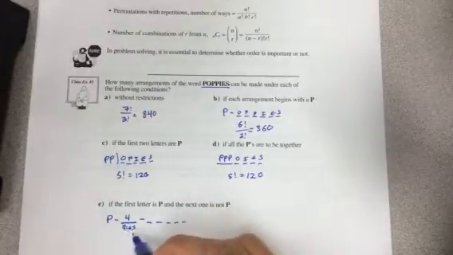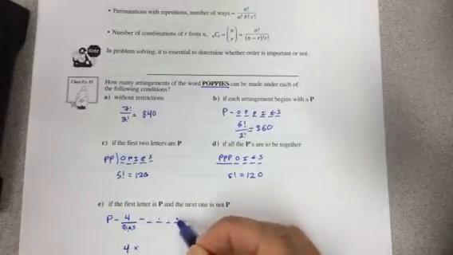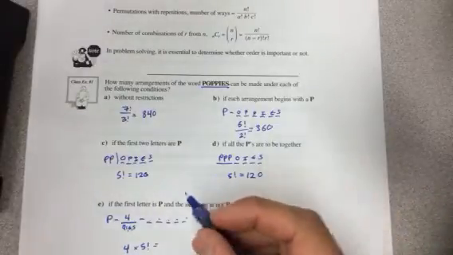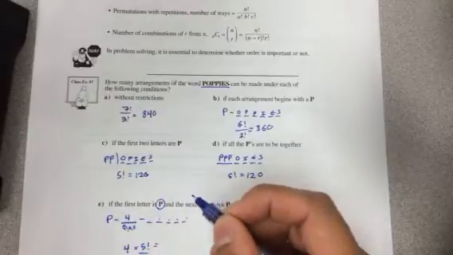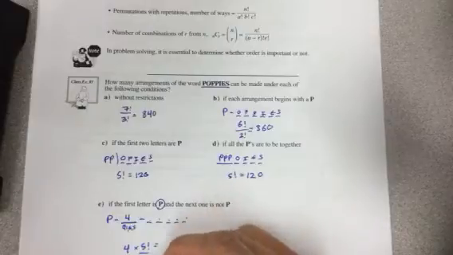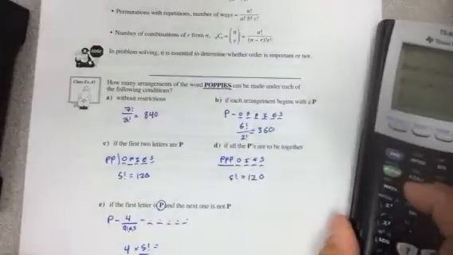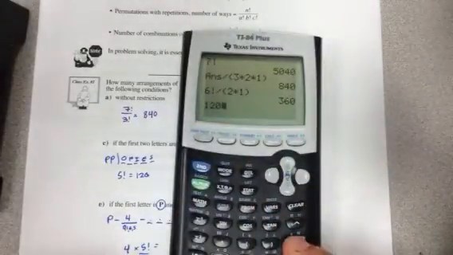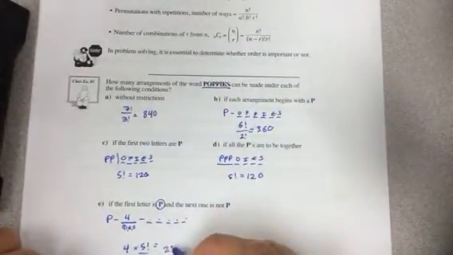So this will be 4 times 5 factorial. 5 factorial is 120. And since I still have 2 P's that can go anywhere here, I have to divide that by 2 factorial. So 5 factorial is 120, divided by 2, times 4, we get 240.